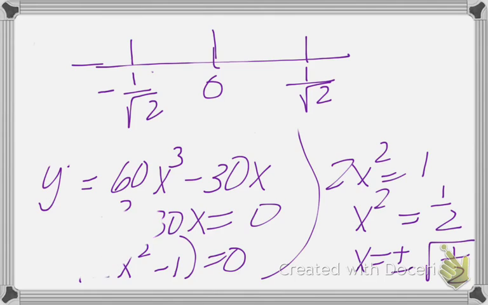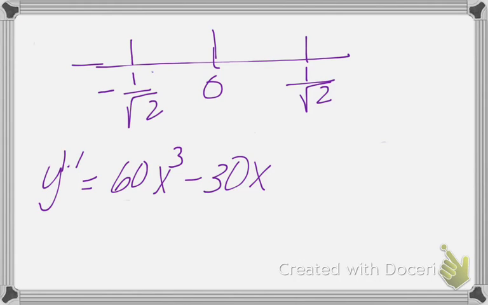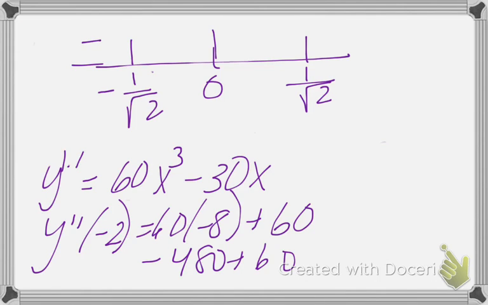And we're going to plug into the second derivative, because that tells us about concavity. That was this one, right? Yeah. Okay, so let's do y double prime of -2. We'll get 60 times -8 plus 60. So -480 plus 60, that's going to be negative.